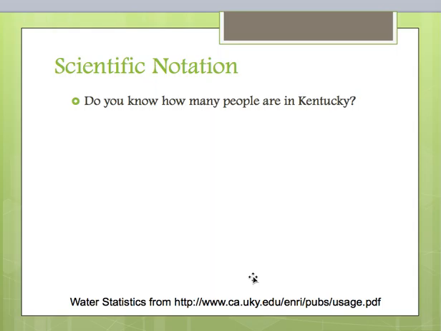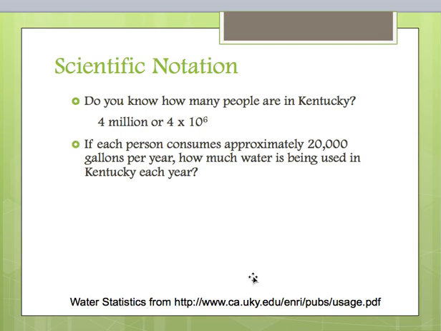Do you know how many people are in Kentucky? There are 4 million, and remember, we're going to practice with our exponents. That's 4 times 10 to the 6th people. So let's look at a problem. If each person consumes approximately 20,000 gallons of water per year, how much water is being used in Kentucky each year?